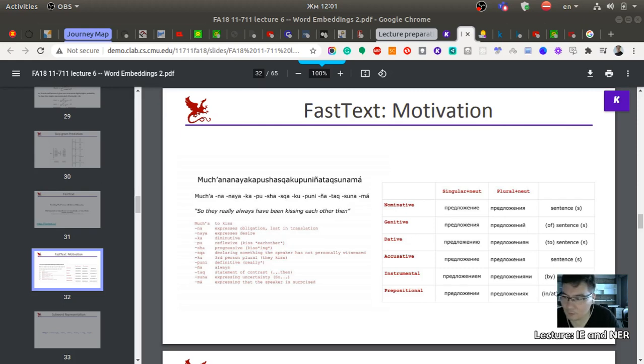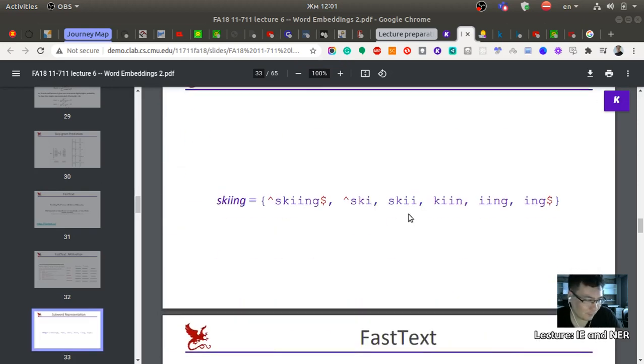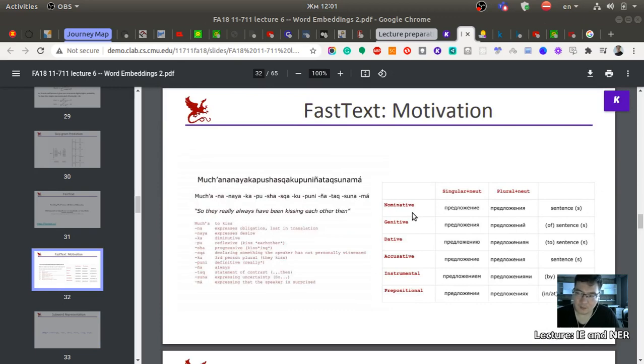Maybe you have seen the example of how you can say running in English, with its translations in Russian: бежавший, бегающий, etc. There are many different words. If you use Word2Vec, you have to use the direct real words. If you have cat and cats, they will be totally different words.